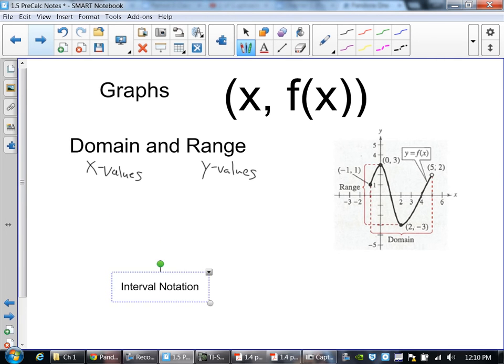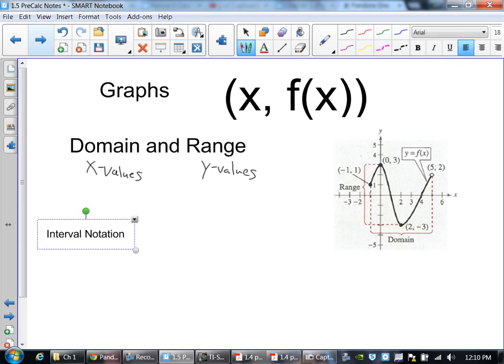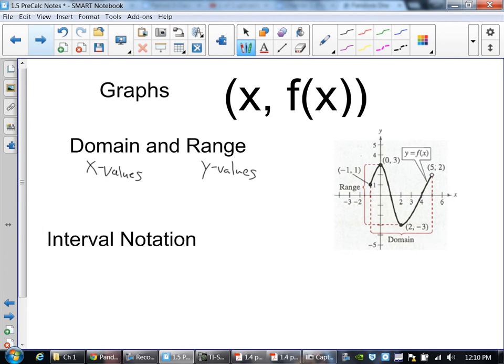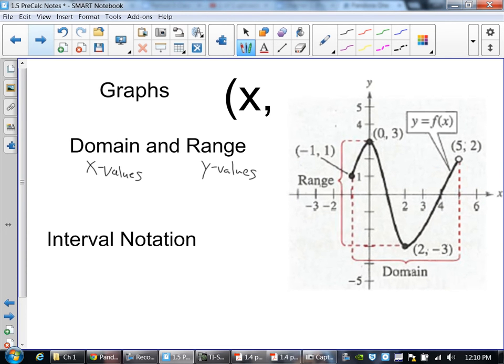What's going to be a little bit new is this thing called interval notation. You've probably seen it, you just didn't know you were using it. With interval notation, they're looking for what's called a snapshot, a little bit in time.